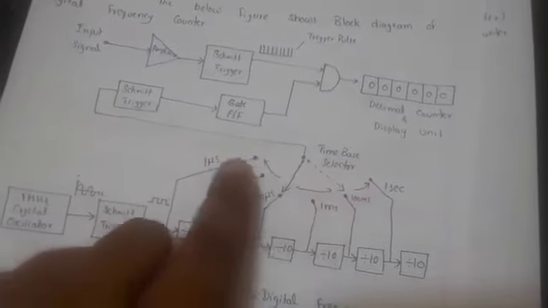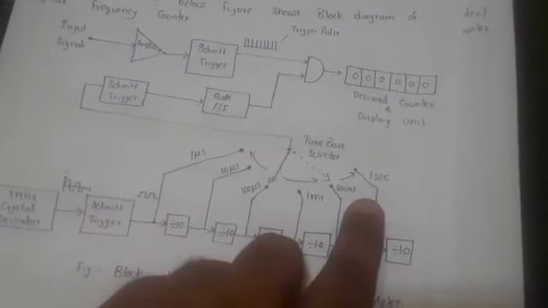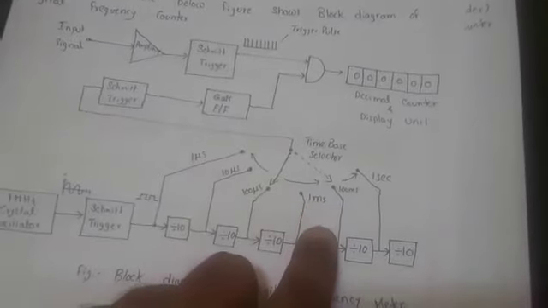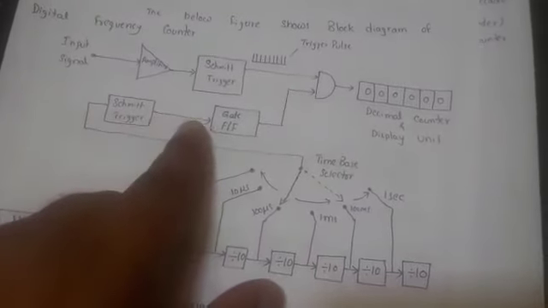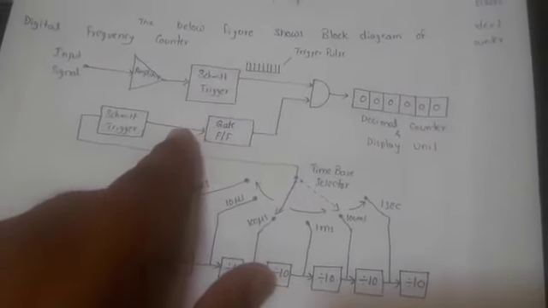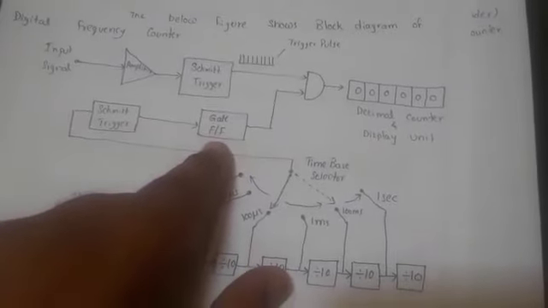So we can get the time period here depending upon the switches, and this output is given to the Schmitt trigger. Schmitt trigger converts the input into square waves. Those square waves are given to the gate flip flop, and this output is given to the AND gate.